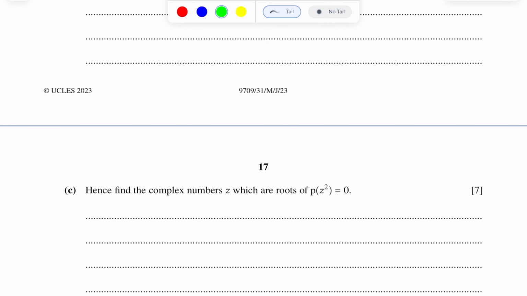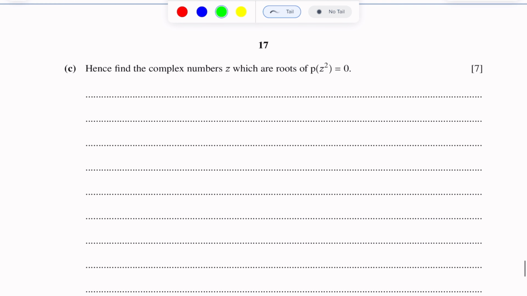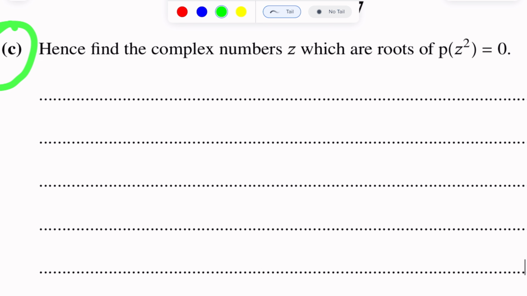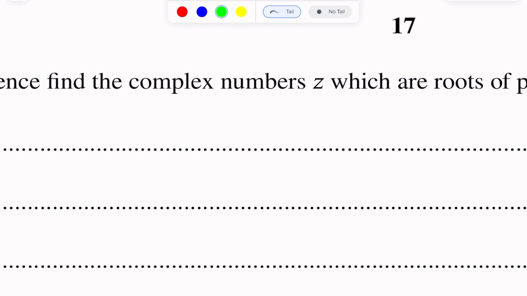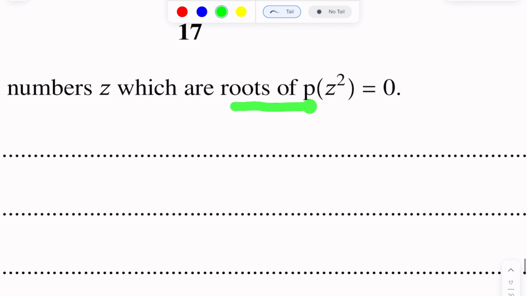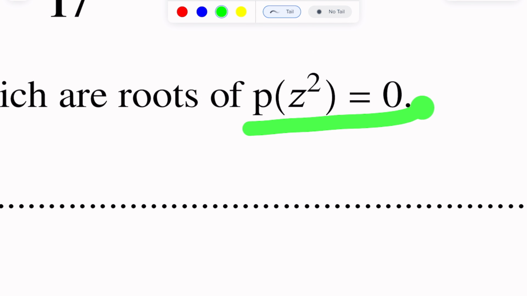The next part, part C of this question, is: hence find the complex numbers z which are roots of the polynomial P(z square) equal to 0.